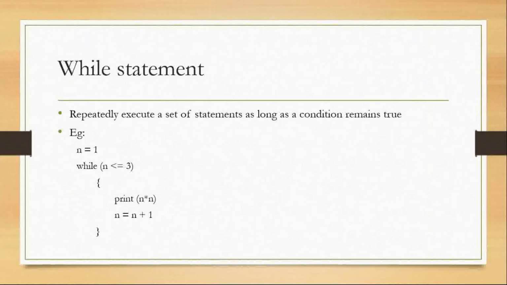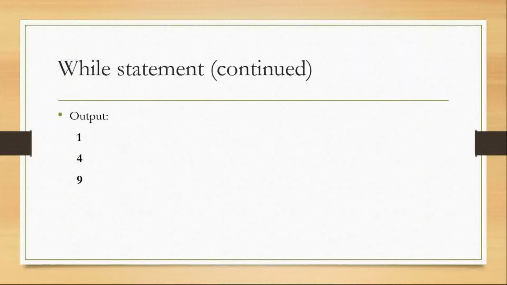Then the value of n gets incremented by 1. It becomes 3. Once again, the while loop checks the condition. 3 is less than or equal to 3? Yes, it's true. Hence, 3 into 3, 9 is printed. Then the value of n gets incremented by 1. It becomes 4. 4 is greater than 3. Hence, the condition fails and the control goes out of the while loop. Hence, we have got 1, 4, and 9 as outputs.